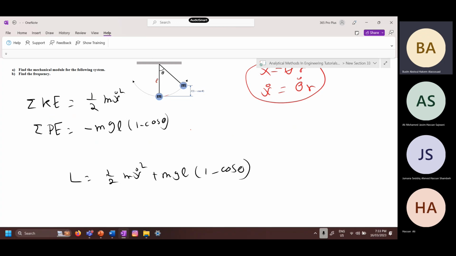I need you to take a look at this system or this problem. When this object is moving, theta is changing, and with the change of theta, there is a change of height. So if you want to use the Cartesian variables, it's not a wise choice.